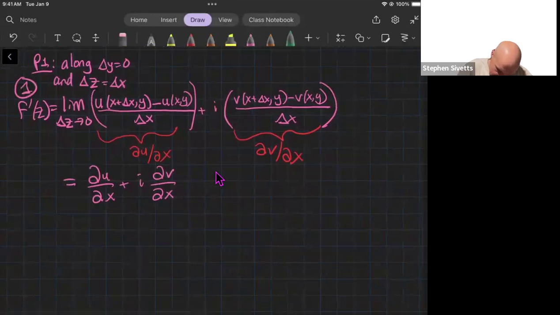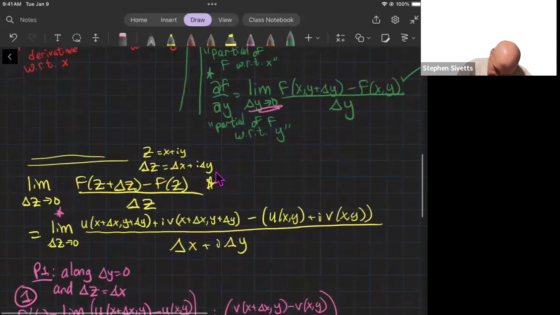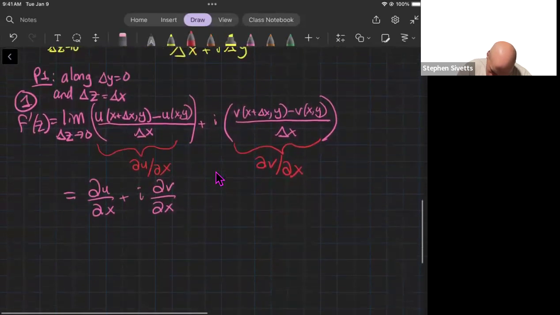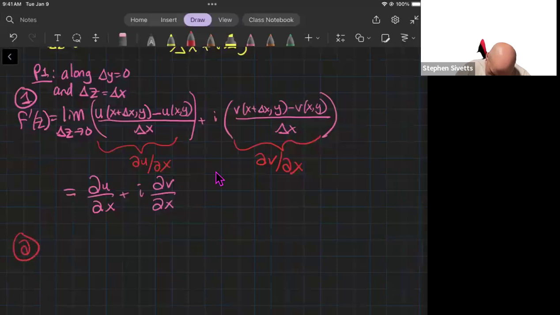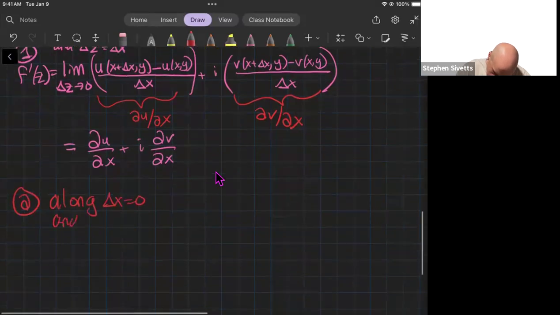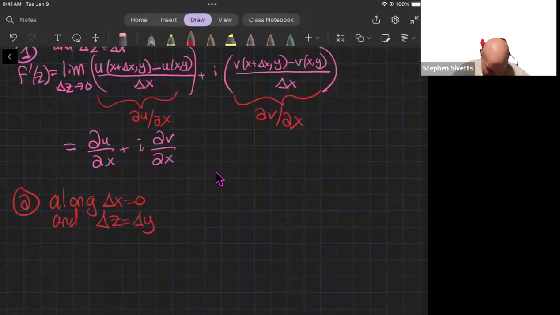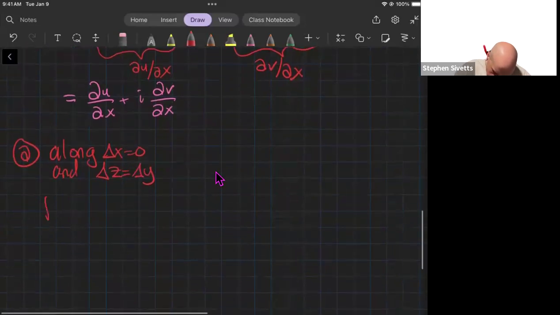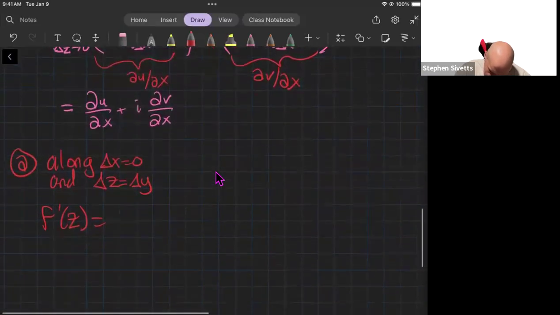The second path would be this path right here. If we go along delta x equals 0 and delta z equals delta y, keep in mind this also has to equal f prime of z.